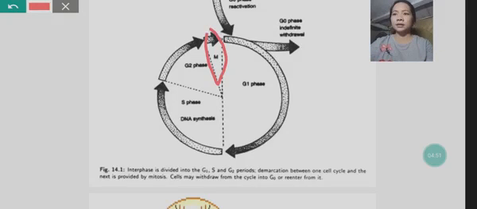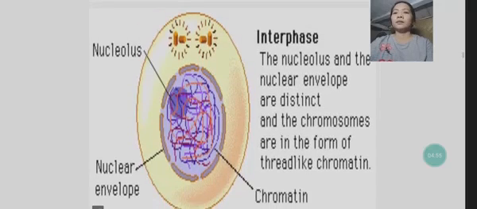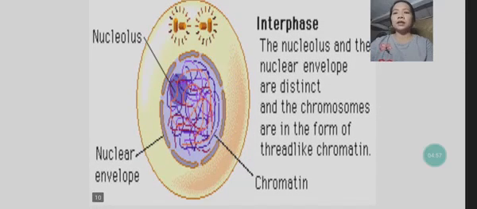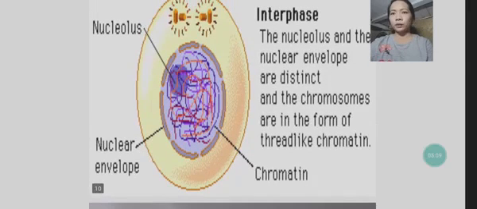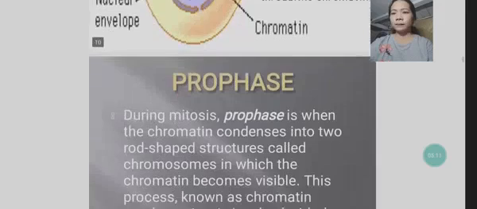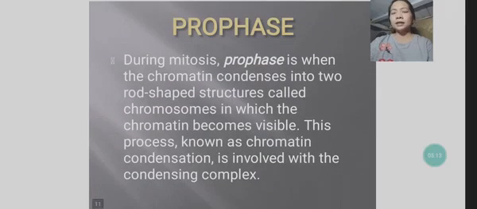Okay, next. In the interphase, the nucleolus and the nuclear envelope are distinct, and the chromosomes are in the form of thread-like chromatin. You see the picture, the image. I hope you can identify it. Okay, next phase is the prophase.